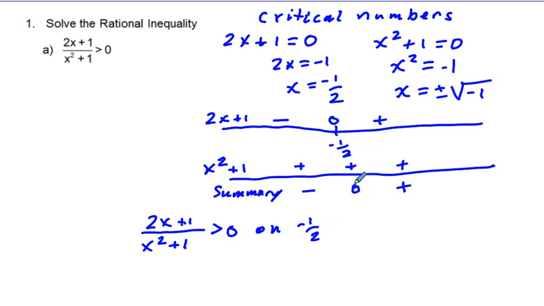Now we have to look to see if we have strictly greater than. What that means is that negative 1/2 is not included as part of the solution set, and we go all the way to infinity. So that's what that looks like.